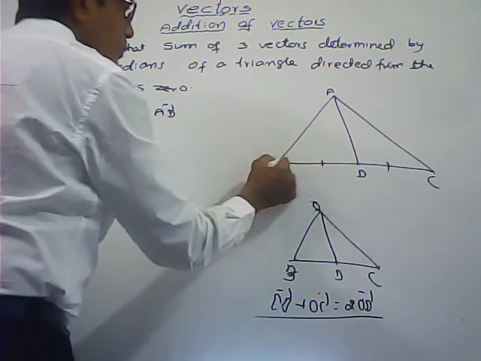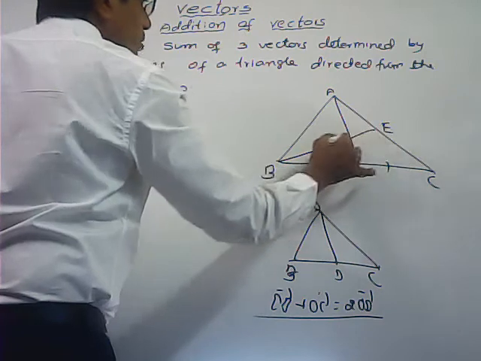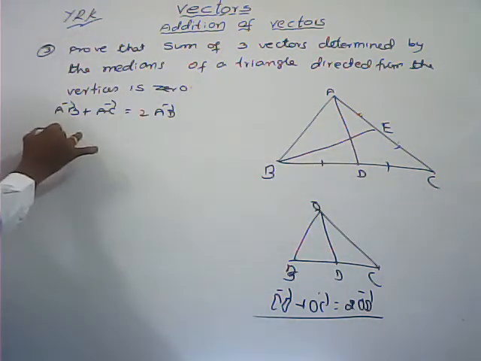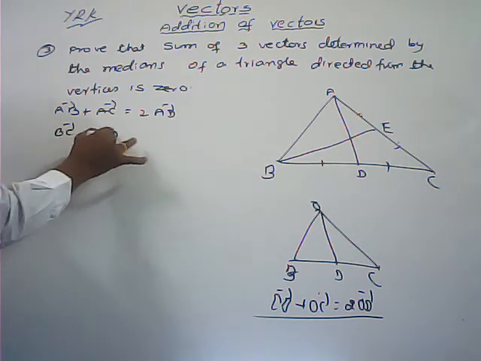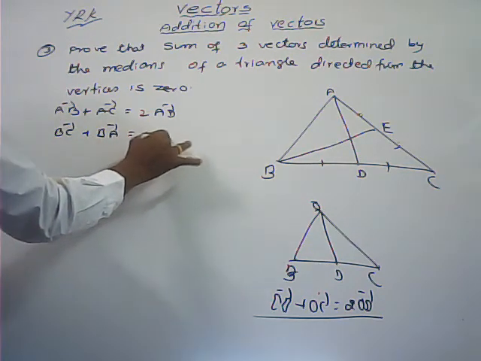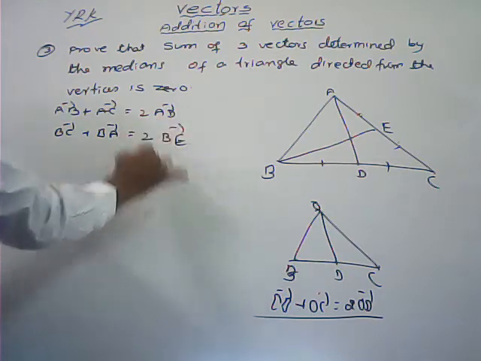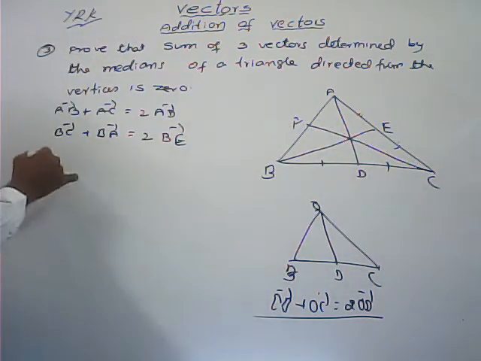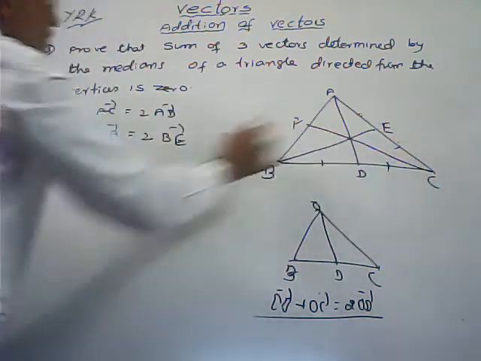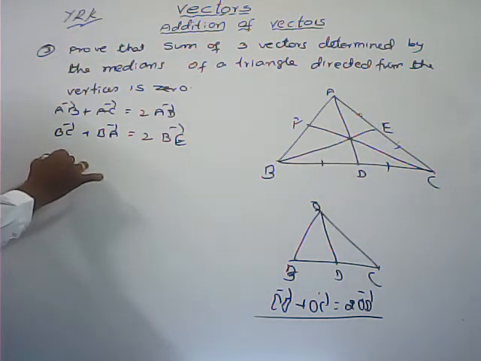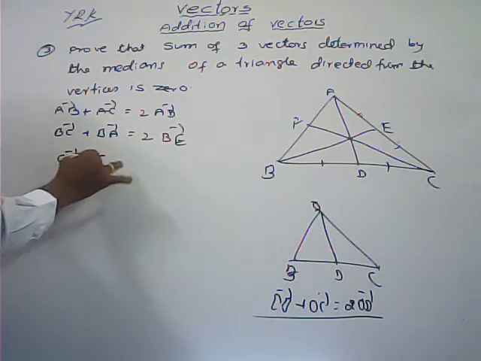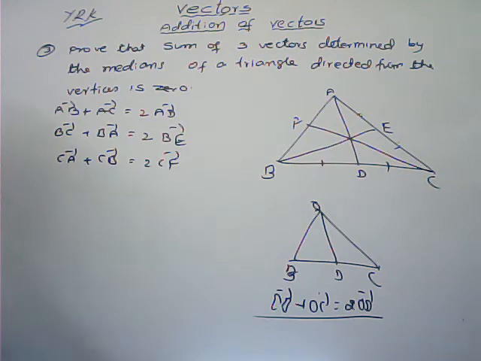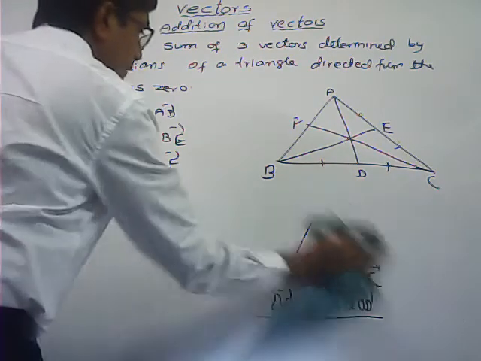Similarly, taking one more median, BE: BC bar plus BA bar is equal to 2 times the median vector. And one more, CF: the adjacent sides are CA and CB, so CA bar plus CB bar is equal to 2 times the median vector CF bar. Now I am adding these three.